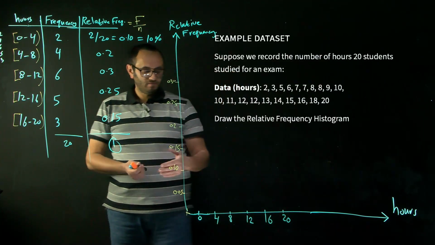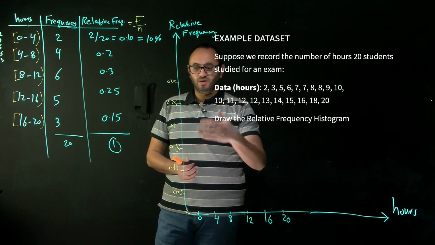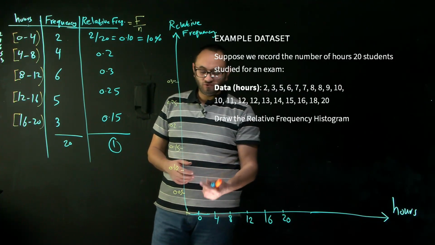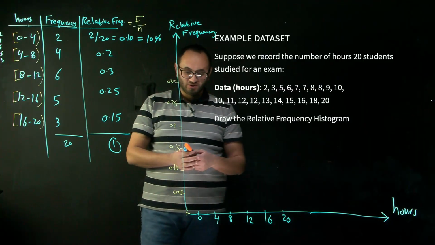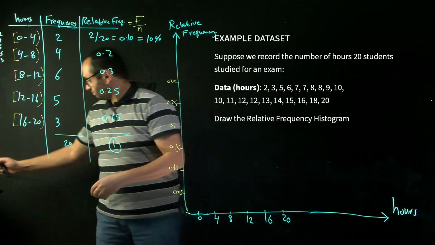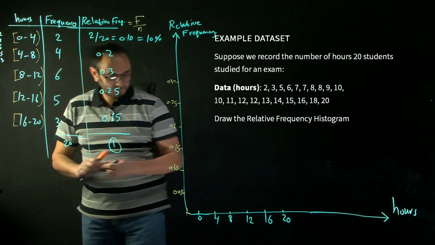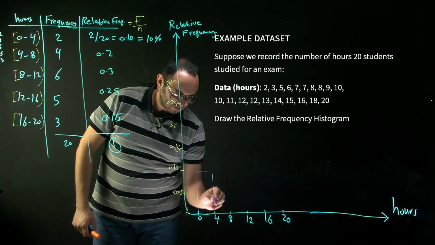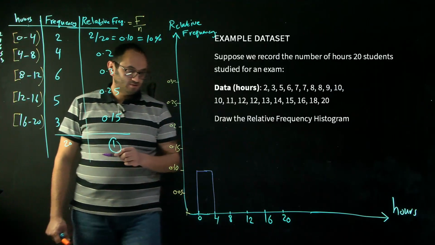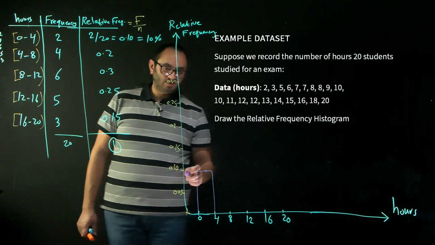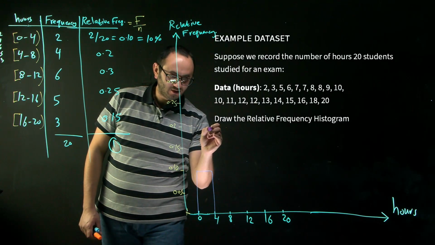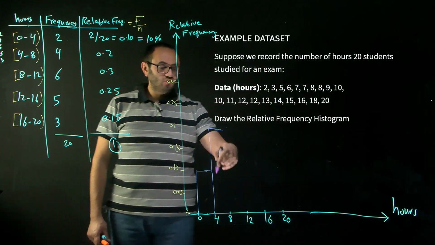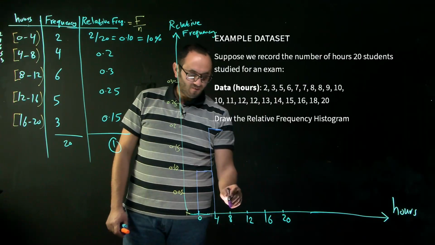And then I create a bar that represents the proportion or the relative frequency of each interval or each bin. So for 0 to 4, the relative frequency is 10%, so 10% is here. 4 to 8, the relative frequency is 20%, so 20% is here. There is no space between bars.